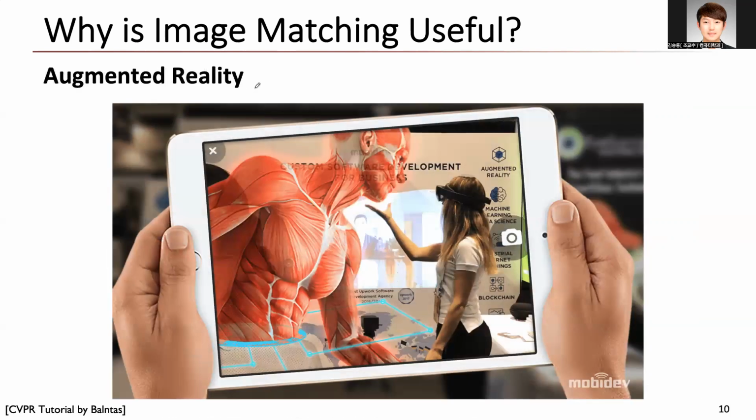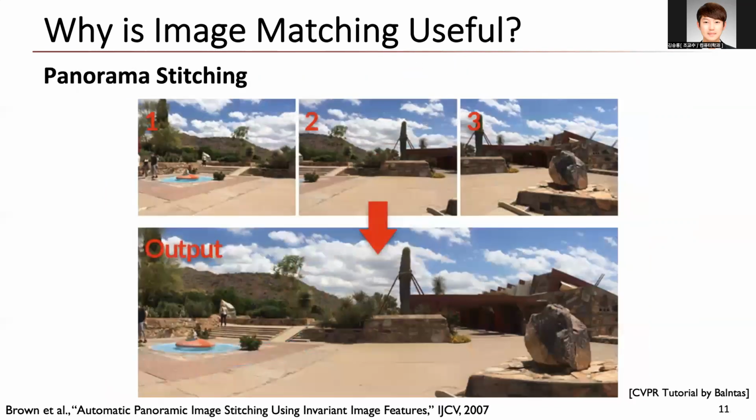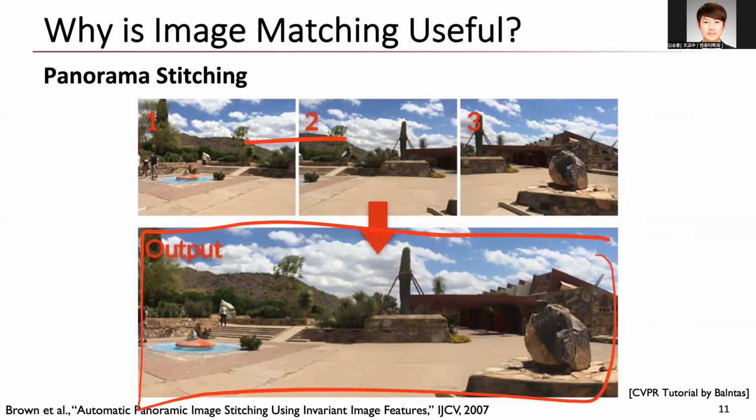Or virtual reality, or mixed reality, or panorama stitching, right? To build a single image from multiple images, we have to find out where this point corresponds to here, or this one to here. Then we can generate the panoramically stitched images.